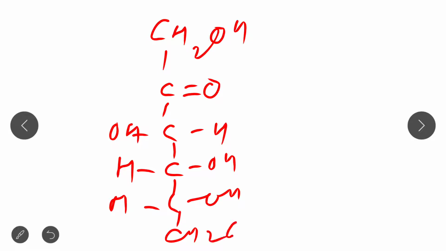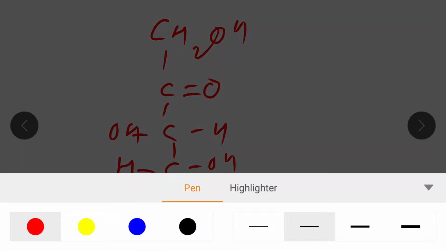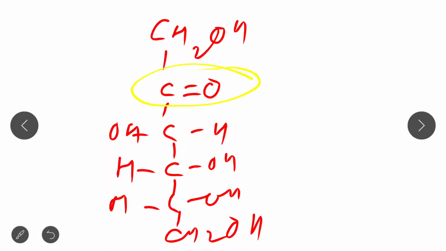So this is the structure of fructose. In fructose, as you can see, a keto group is present. So this is the structure of D-fructose, a monosaccharide.